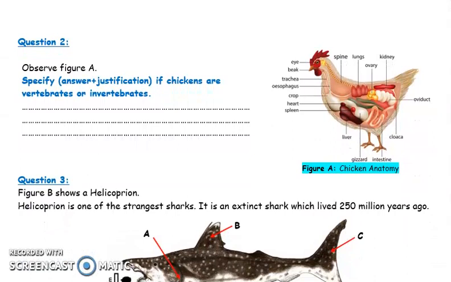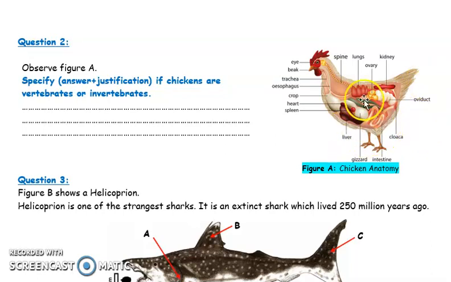Question number 2. We have here the chicken diagram. This is a picture showing different parts of the chicken. The question is to specify, and we also have to justify, to tell why we chose our answer, if chickens are vertebrates or invertebrates.